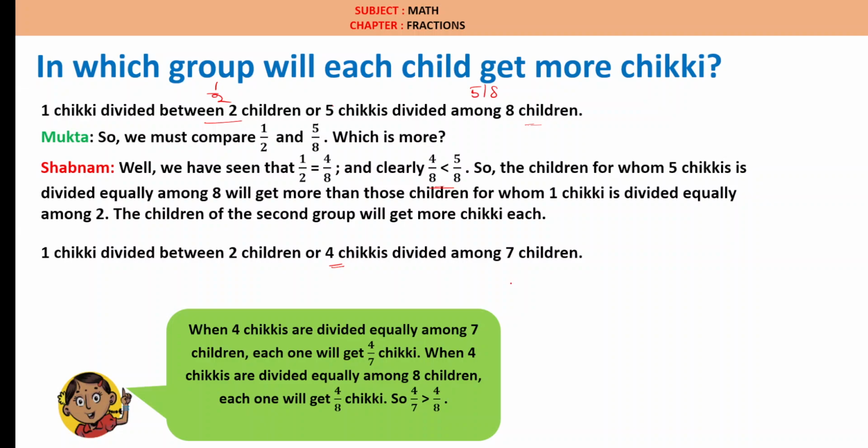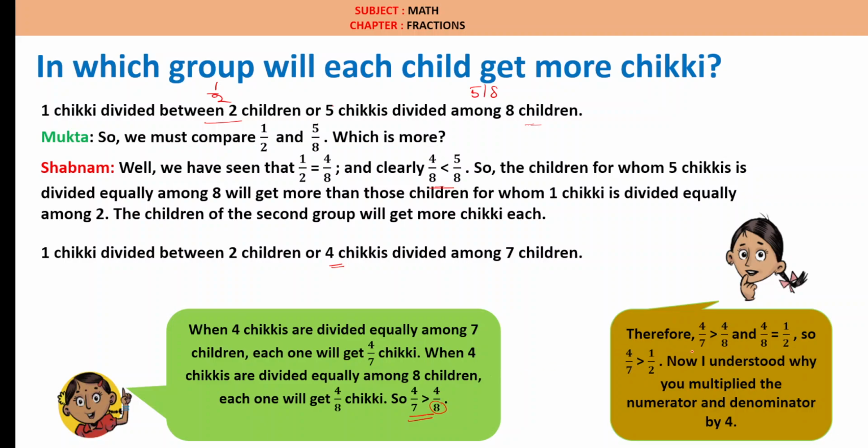When 4 chikkis are divided equally among 8 children, each one will get 4 by 8. Wherever the numerator is equal, we compare the denominators. Thus, 4 by 7 is greater than 4 by 8, because as we are dividing among a greater number of people, we get less quantity.